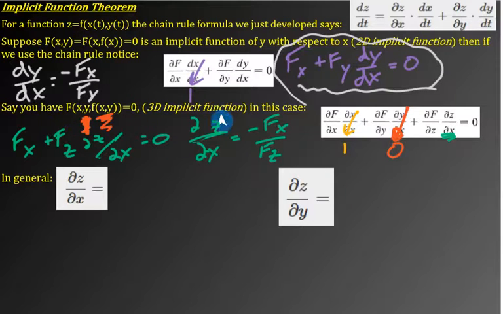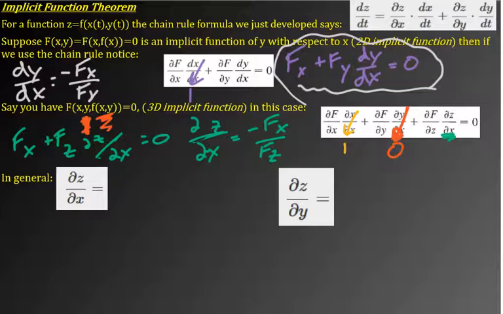Sorry, this one is 3-dimensional. So I could do an implicitly defined 4-dimensional one, and you basically get 2 zeroed terms in that one, because you're going to have x, y, z, and then your last variable is f of x, y, z. And so you'll get 2 zeroed terms in that one, and you'll always get a 1 in the front, and then you'll always be able to solve for this.